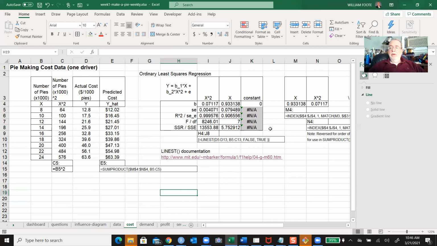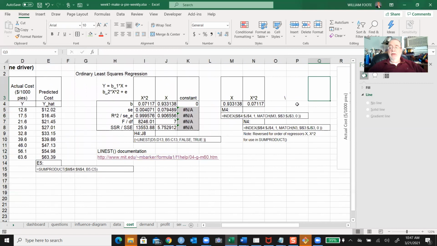But what we're going to use are the x and x squared. It's annoying. That's the word all of us have used over the years, that this LINEST puts the coefficients in reverse order to how it's normally written mathematically and would be written in any other model. So in order to get that back, we use something called INDEX MATCH.